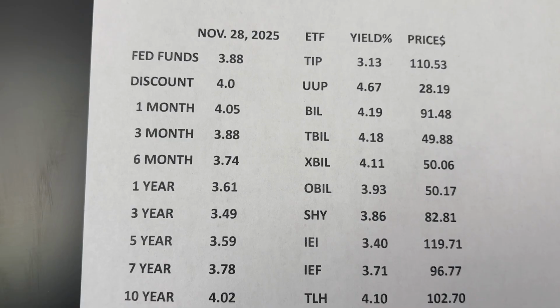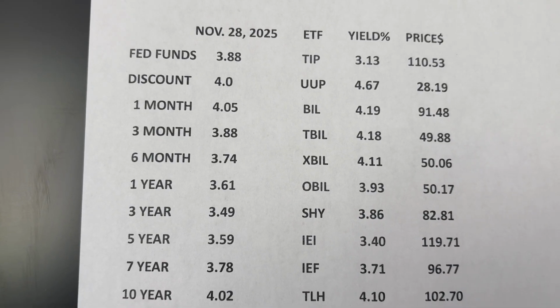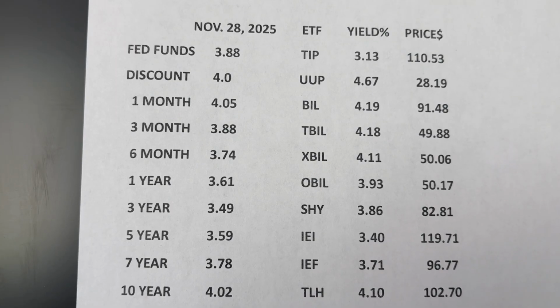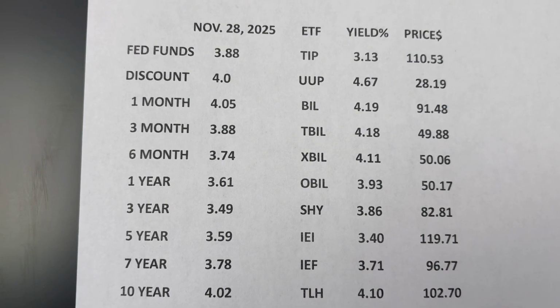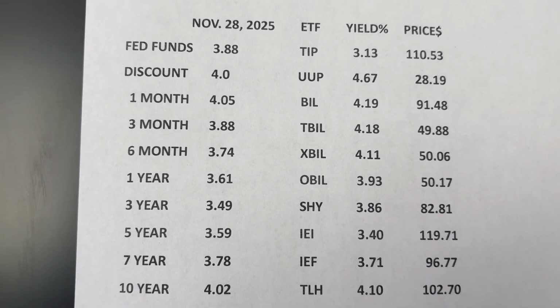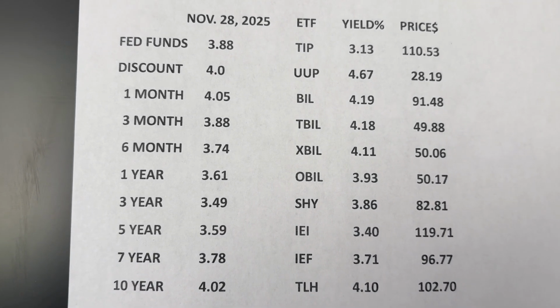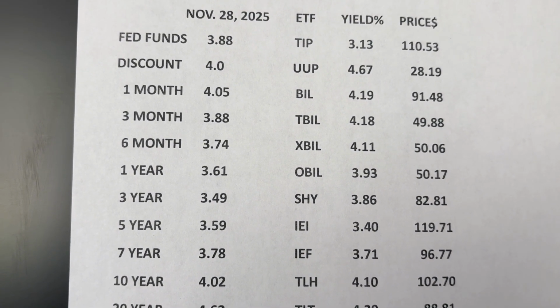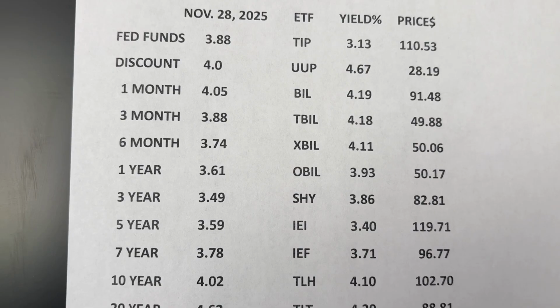Notice the 1-year Treasury bond yields 3.61%. The corresponding OBIL ETF yields 3.93%, and it's selling now at $50.17. The 3-year bond yields 3.49.